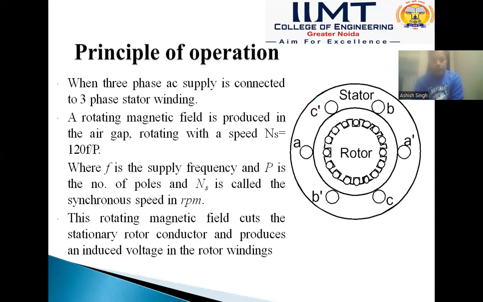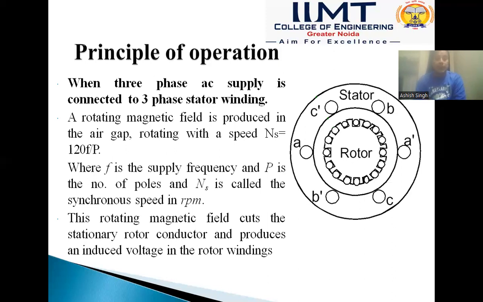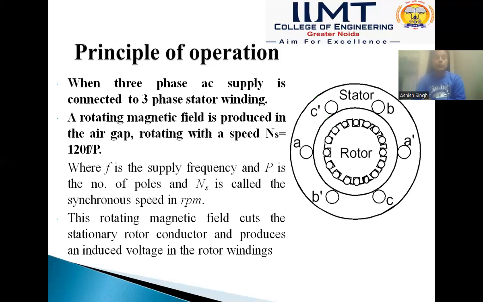So, when we are discussing the principle of operation, we normally place three-phase stator winding on stator, and when we connect three-phase AC supply to the three-phase stator winding, a rotating magnetic field is produced in the air gap that is present between stator and rotor.